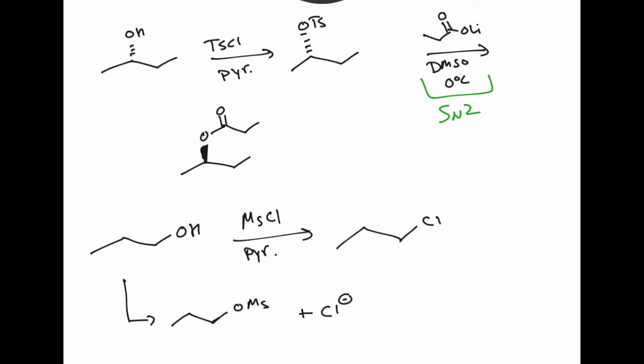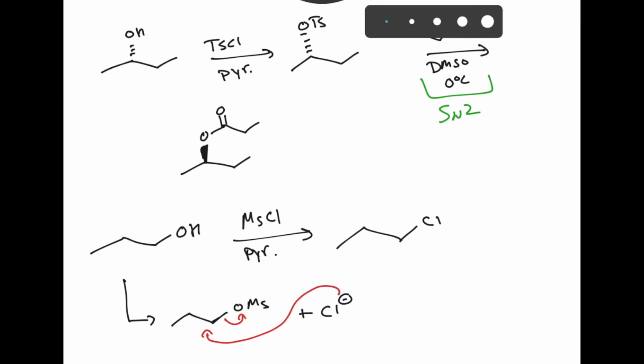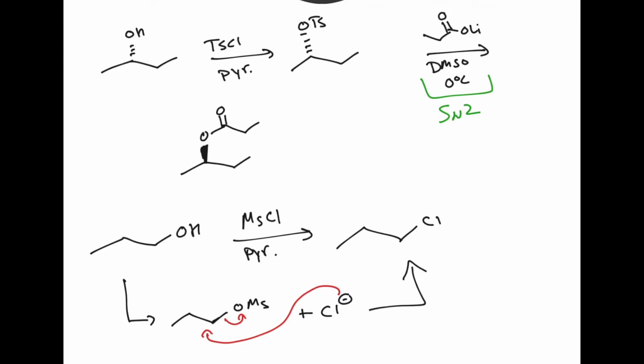So the Cl from the methyl or the tosyl gets spit out. Now it can be a nucleophile, and it can add to the carbon that has the methyl group or the tosyl group and make a chloride.